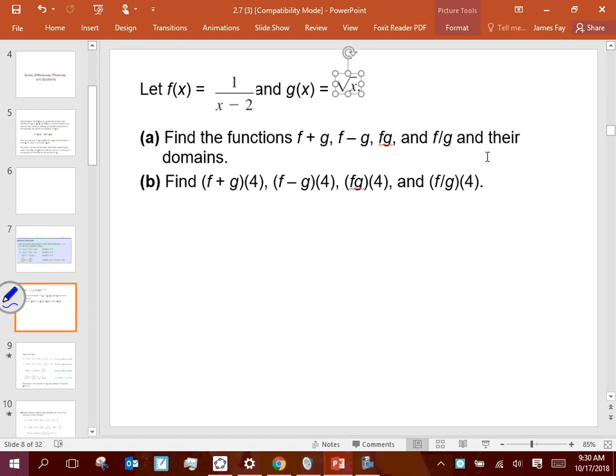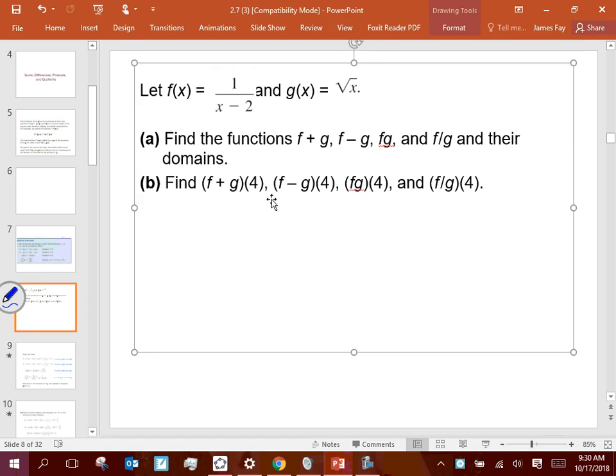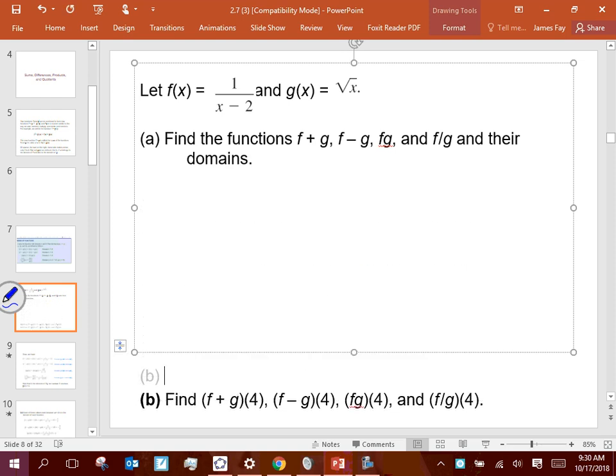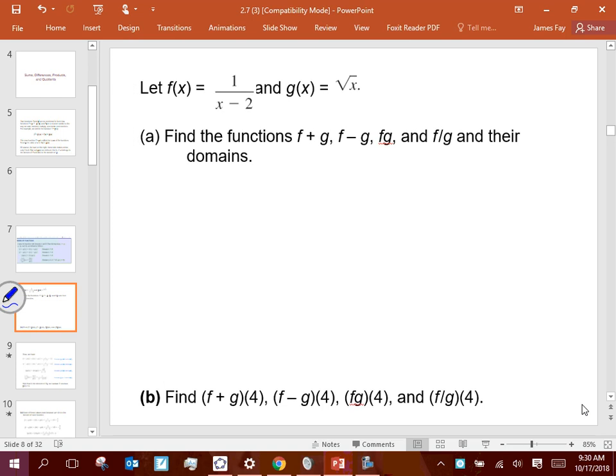All right, so we've got these two functions, and it just says find the functions f plus g, f minus g, f g, and f divided by g, and their domains. So let's do that first. You've got options. If you want to go through and find the domains of f and g first, that's fine. If you want to find the sums and differences first, that's fine.